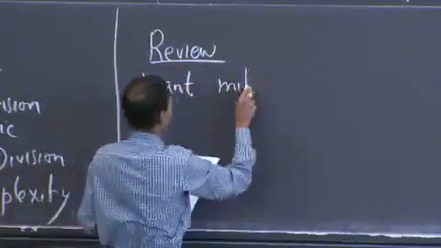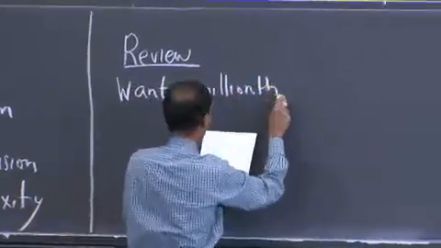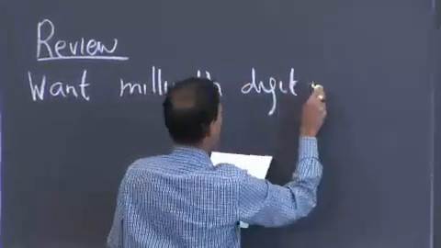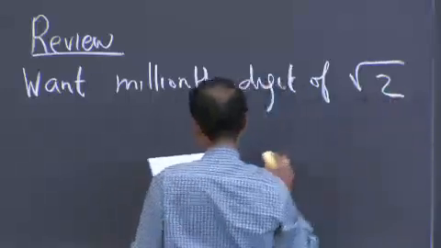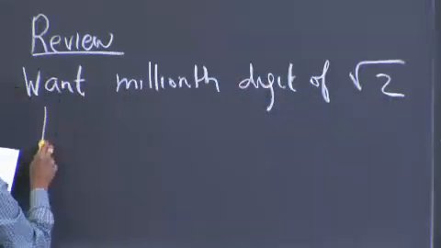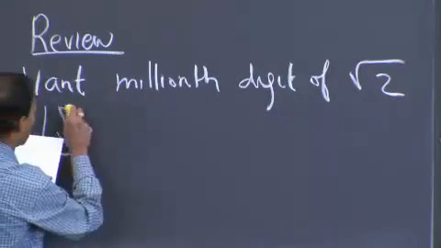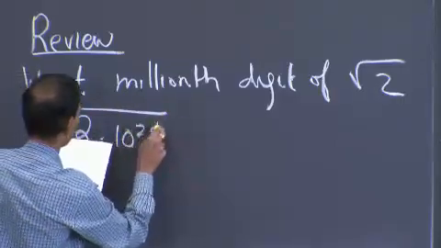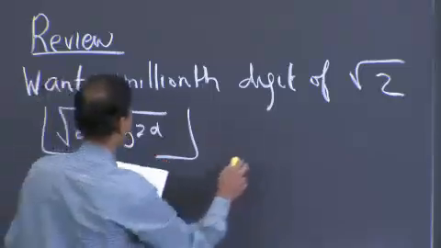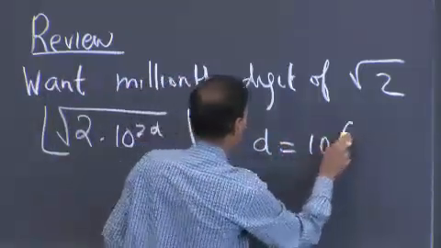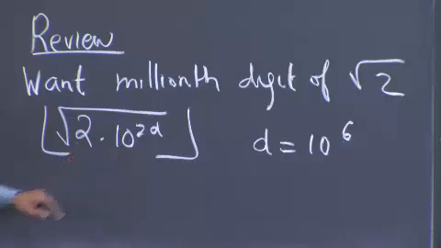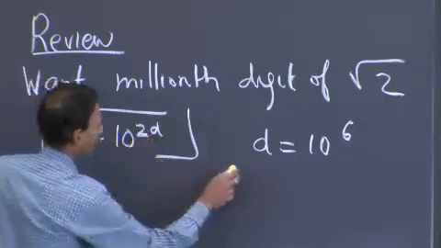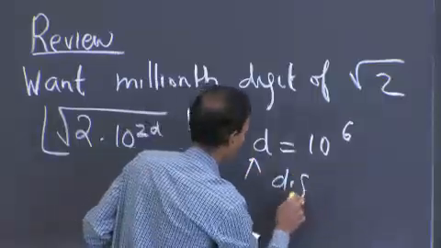We decided that we wanted the millionth digit of the square root of 2. And the way we're going to do this is by working with integers and computing the floor, since we need it to be an integer, of the square root of 2 times 10 raised to 2d, where d is the number of digits of precision.